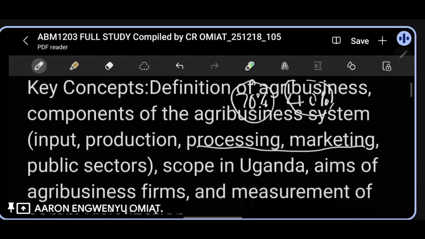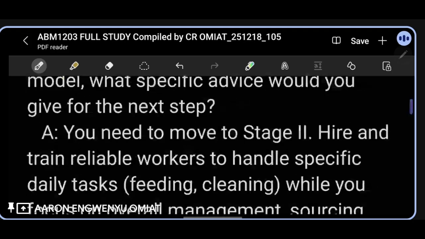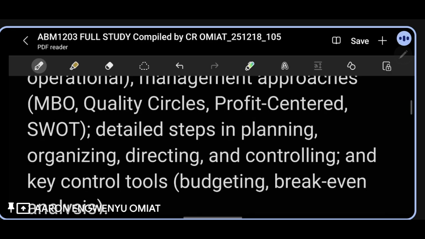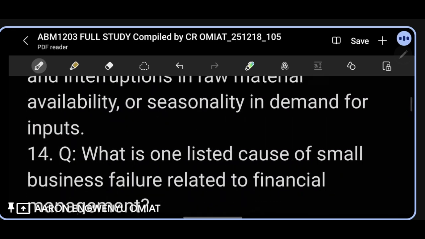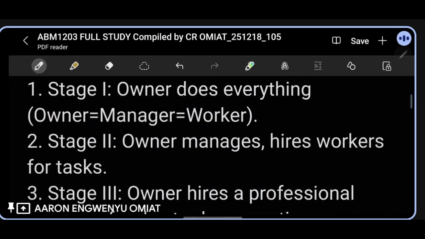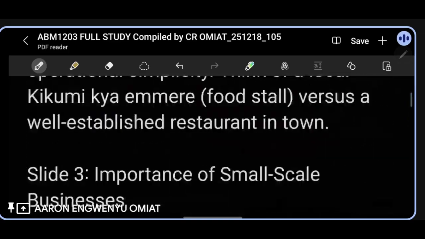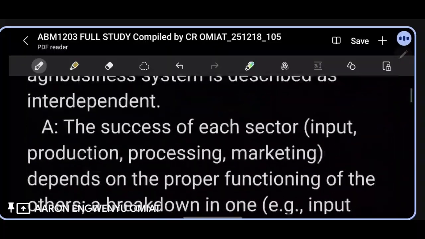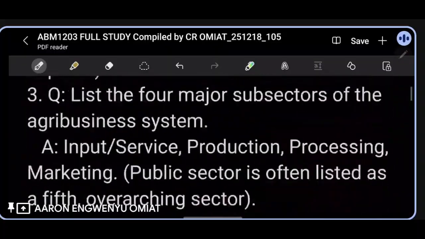Why is that? It's because the majority of farmers, 95% to be exact, are carrying out subsistence farming, where they're growing mainly for home consumption. Then if there's something which remains, then they consider selling. So one of the reasons why agribusiness is taught is such that the country is able to increase in commercialization.